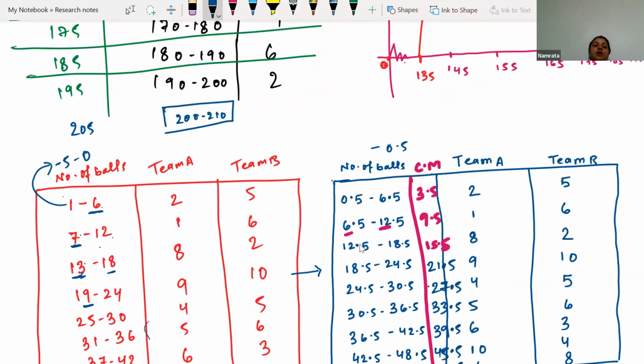So here we got -5 to 0, and if we make it continuous data, the lower limit is reduced by 0.5 and the upper limit increased by 0.5. So upper limit plus 0.5 becomes 0.5, and lower limit -5 minus 0.5 will be -5.5.